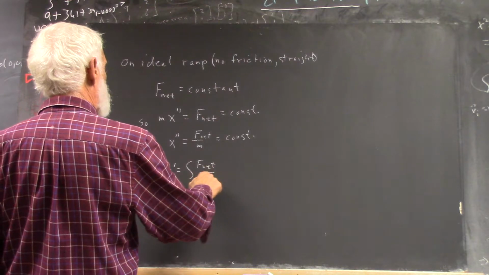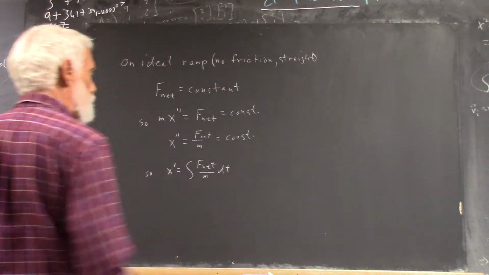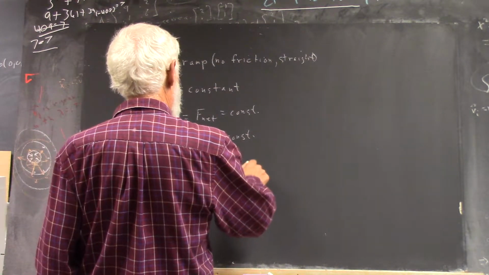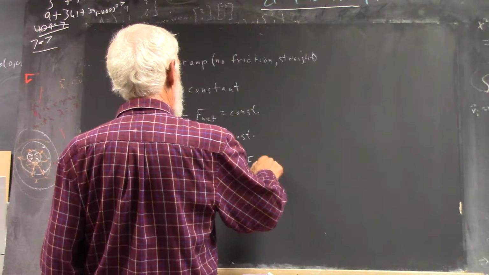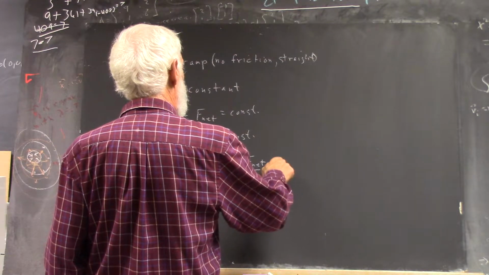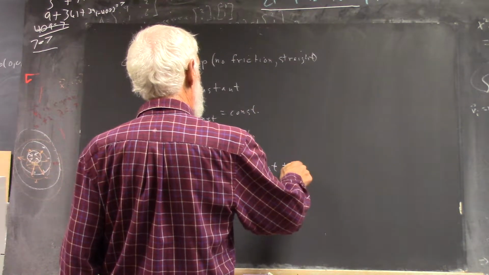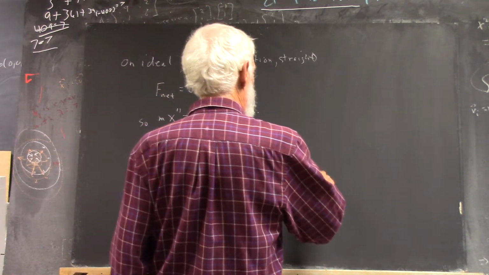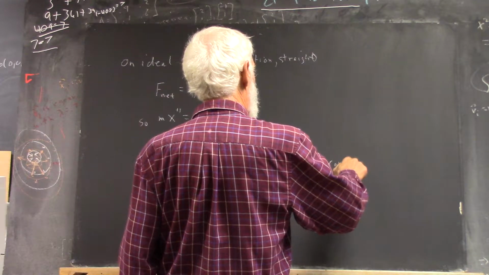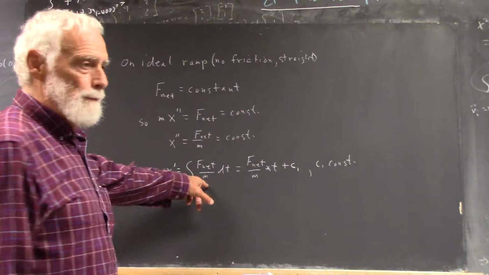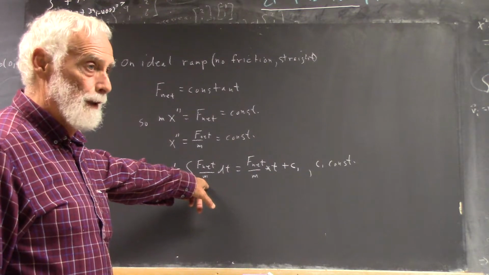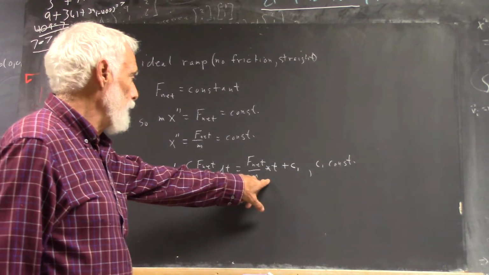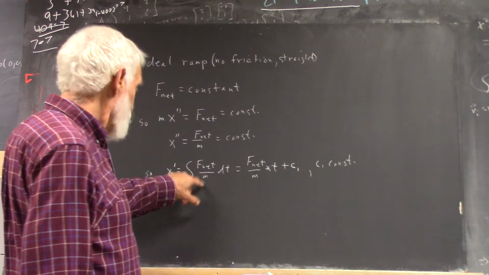So x prime is just the antiderivative of F net over m with respect to t. And that equals F net over m times t plus C1. Simple antiderivative, right? Much easier than what you have for a pendulum, because you can immediately verify that the derivative of this is this, right?